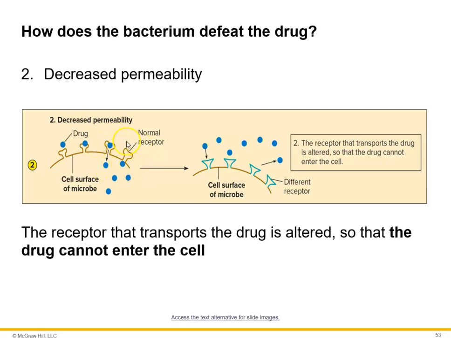Well, let's say a mutation occurs in the gene that codes for this normal receptor, and now it's an abnormally shaped receptor. And that abnormally shaped receptor doesn't interact with the drug at all, so the microbe doesn't bring the drug in to itself and poison itself, essentially. So this is strategy number two. Just stop bringing in the drug.